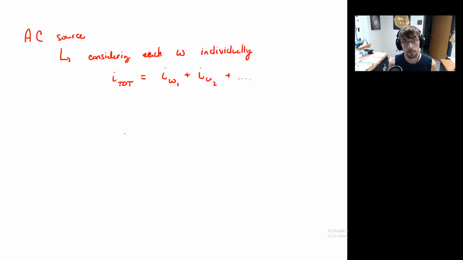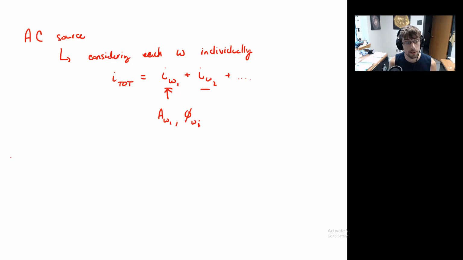That's the first piece. Now, each of these currents will have their own amplitude as a function of frequency, and they will also have their own phase angle as a function of frequency. So each one of these has a slightly different amplitude and phase angle.